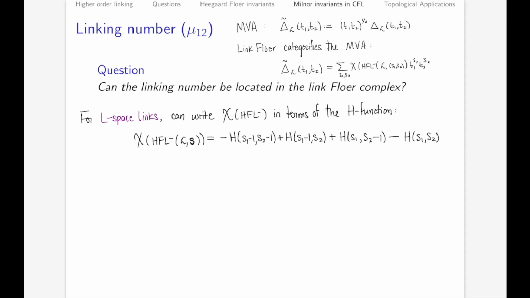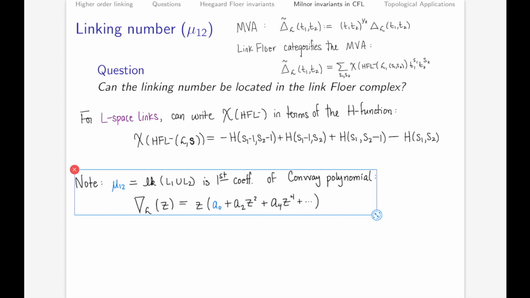What that formula in terms of the h function looks like is this. Everything is controlled by the tower because there's no torsion. So you really only have to consider the maximal degree of that tower. We're working in minus now, so it's a maximal degree rather than a minimal degree. And this formula essentially follows from the inclusion-exclusion formula applied to the multifiltration.